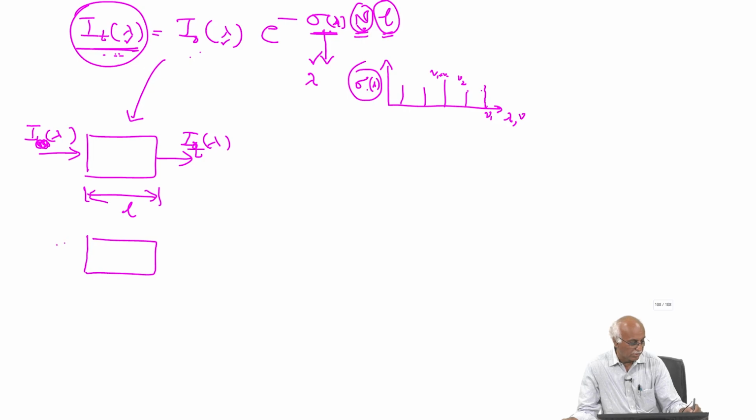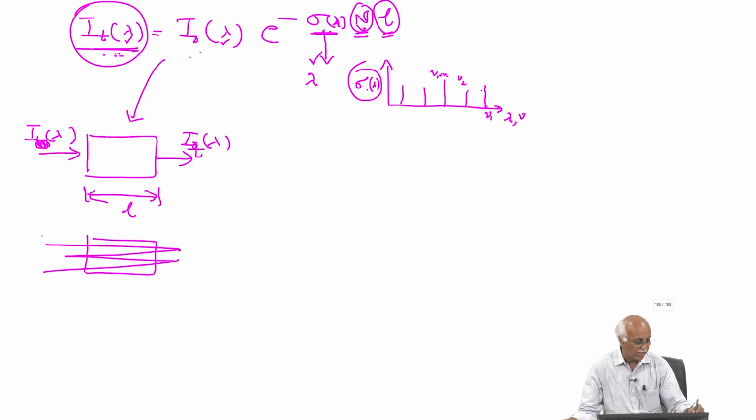That means the light will pass through multiple times, and we capture the information. Let's say the input is from here, and we measure the transmitted intensity over here, where the detector is kept, and let's say there is a mirror over here.